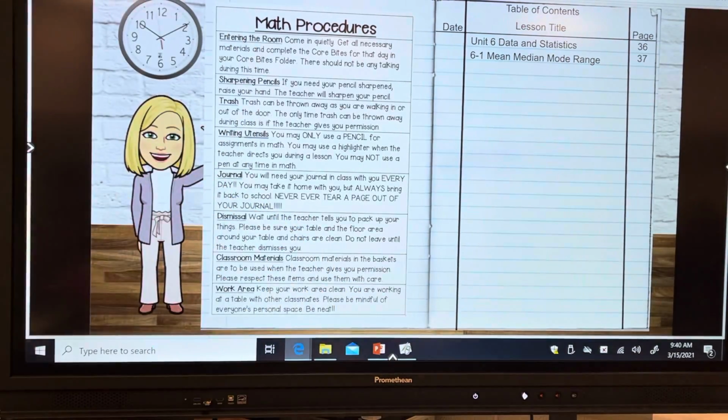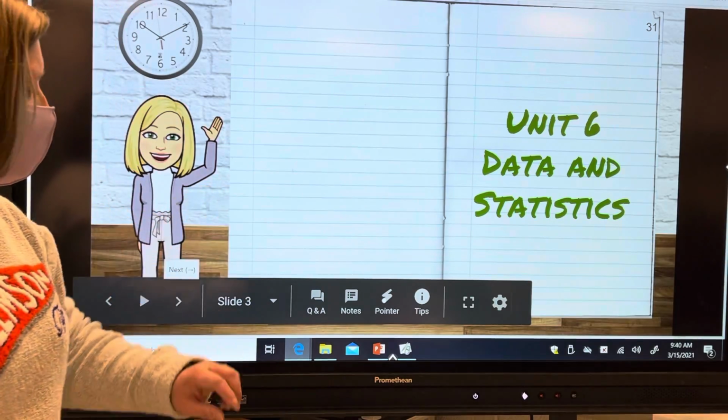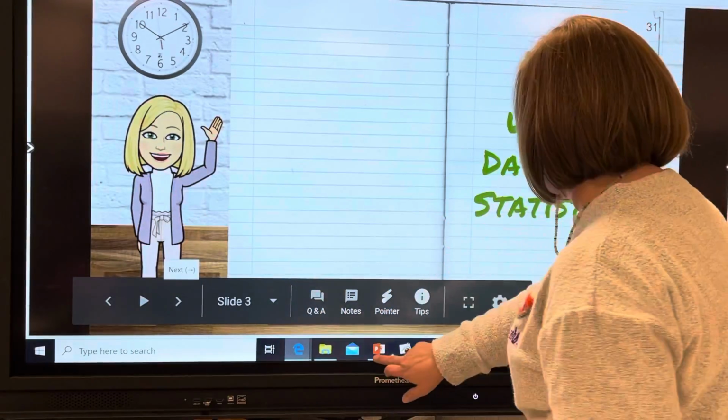All right, everybody should have Unit 6, Data and Statistics, on, and that should be page 36. Let me fix that.